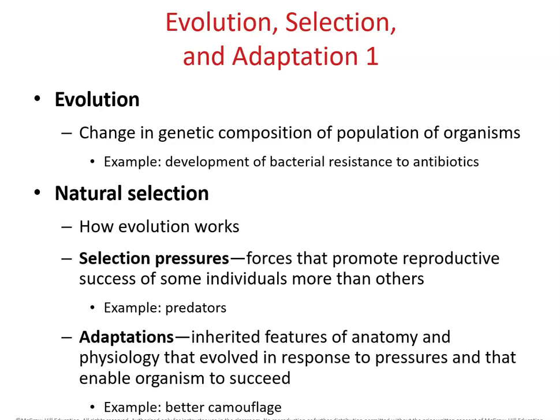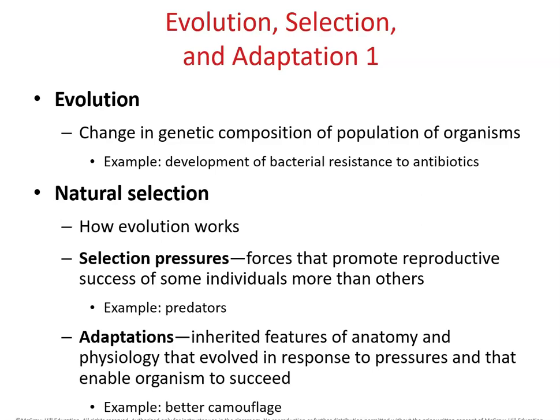And the final big picture concept we need to talk about here is adaptations. So adaptations are inherited traits that can allow an organism to survive and reproduce more, to be more reproductively successful. Okay, so a key here is it's inherited. It's not something that the individual does over the course of their life.